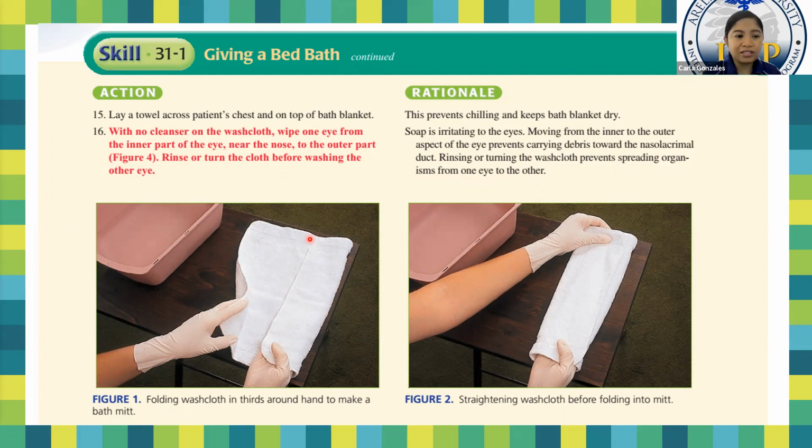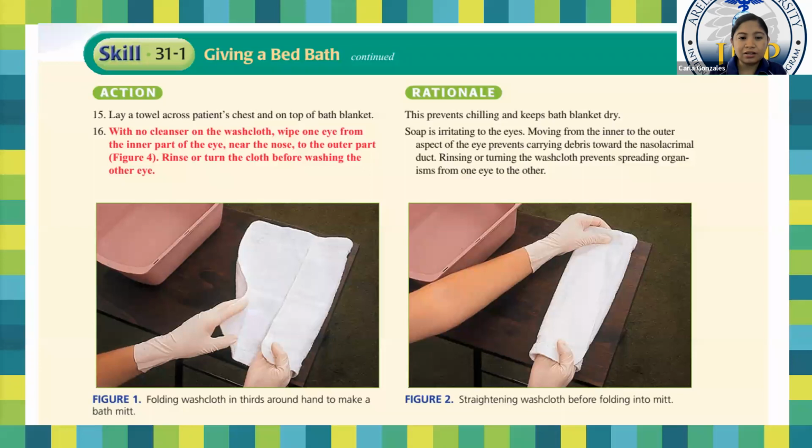One for the face and the upper extremities and the torso, and then another washcloth could be for the legs and the perineal area. Yeah, so that is how you secure yung washcloth on your hand, just like making a mitt. Okay. Yeah, so you can practice this at home.